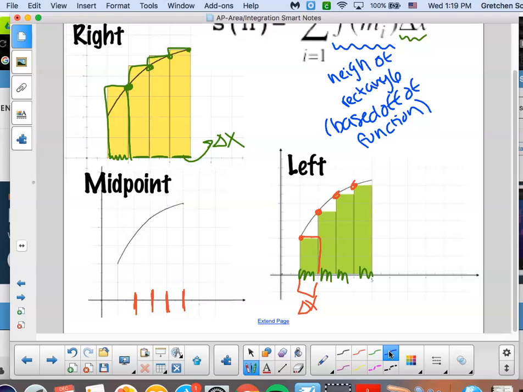And instead of making your rectangle so it hits on the left or the right, you go to the middle of your interval, up, and that's where you want it to hit. So it's not a left or a right, it's hitting your curve in the middle. So then here's your interval, you go in the middle, you want it to hit in the middle, and you make it from there.